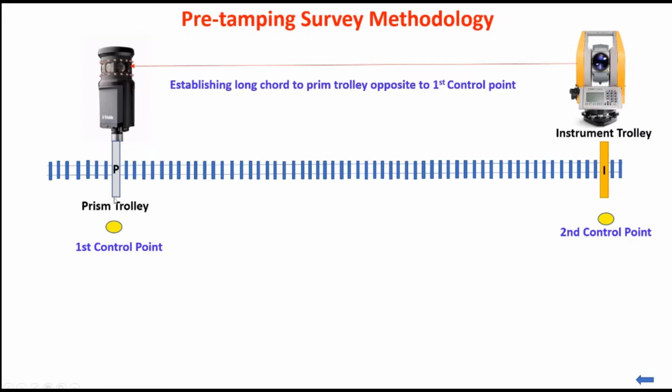Now the total station will sight the prism at the prism trolley. So this will establish the long chord between the first control point and the second control point. Okay, I think it should be clear.